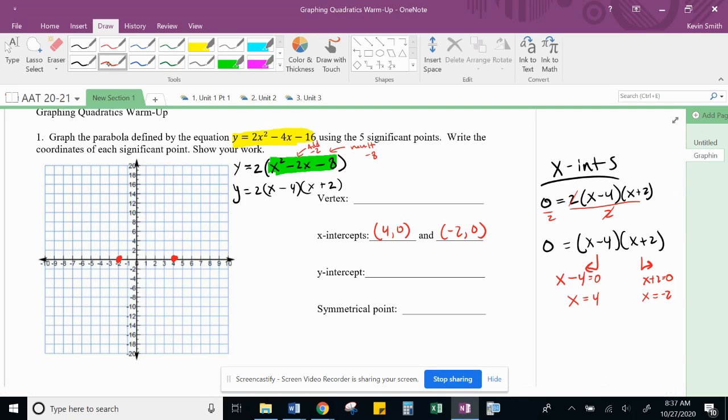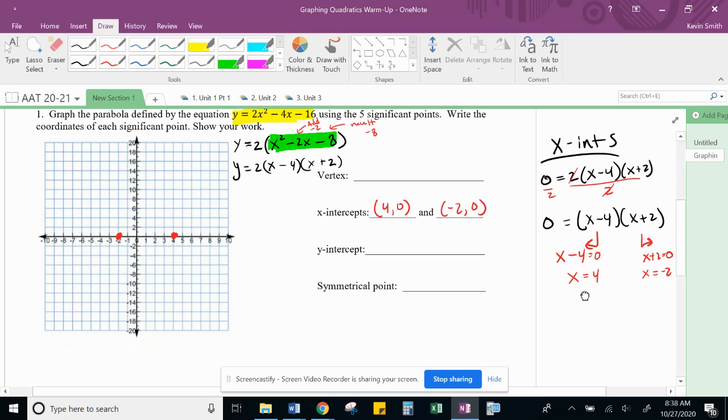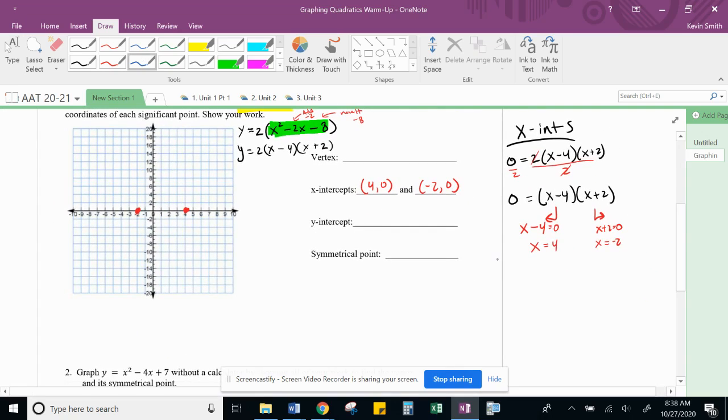Now, from here, this is where I like to find the vertex. So the vertex, what you'll notice is the vertex is going to have to fall somewhere right in between my two x-intercepts, right? This graph is going to be kind of something like this, and my vertex will have to fall right in the middle of it.